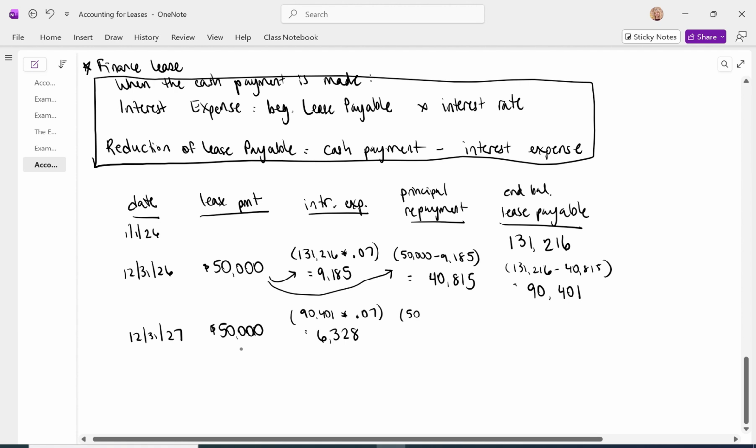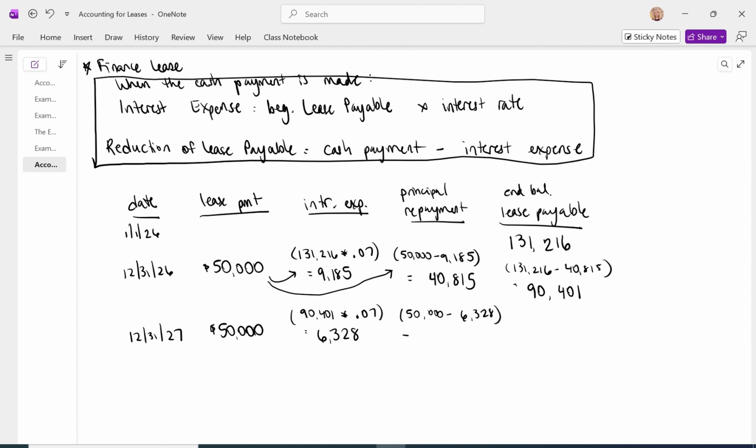How much of our $50,000 lease payment relates to repaying principal? Back out the portion that relates to interest, and the rest relates to principal repayment. We've reduced our loan principal $94,001 by the $43,672. So at the end of the second year, our remaining balance is $46,729.